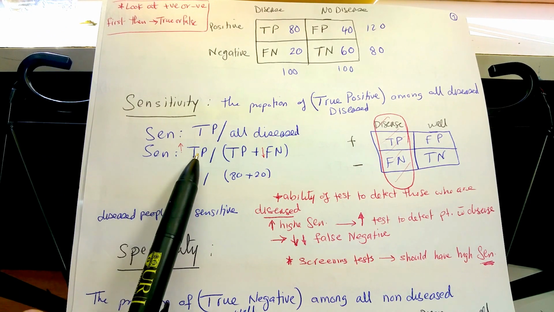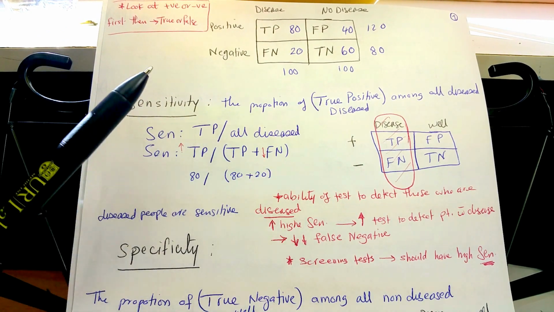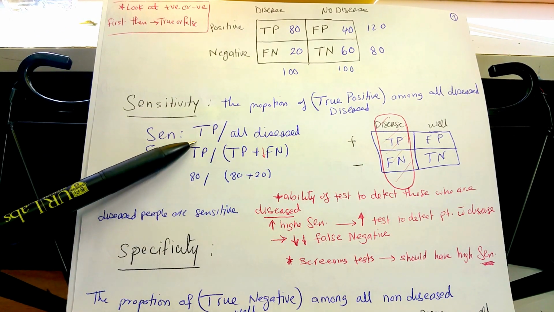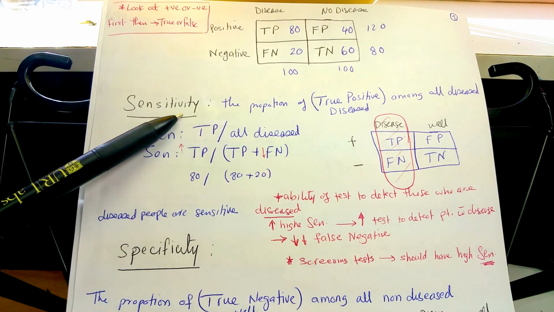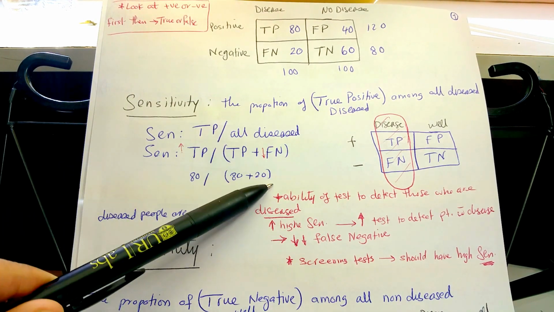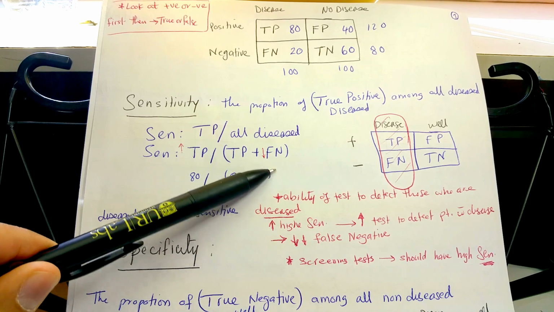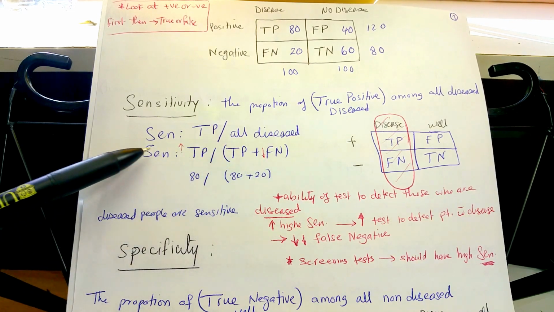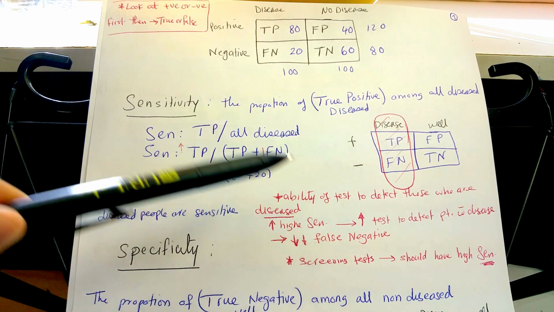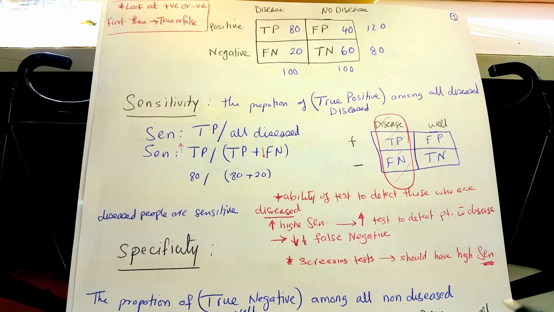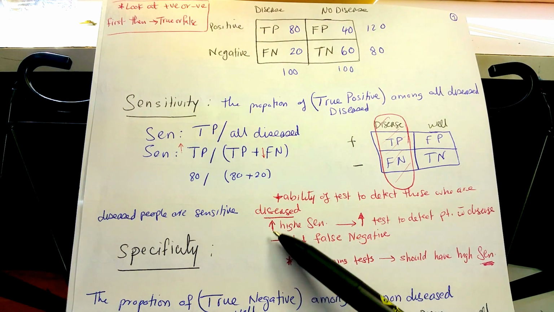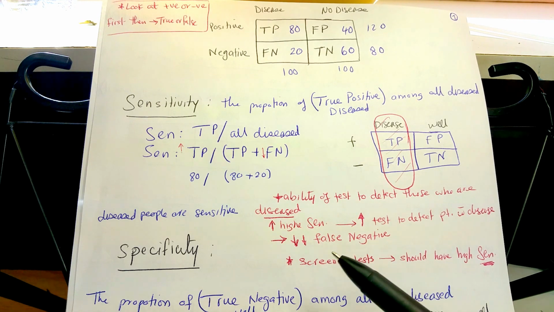So if you remember the formula, you can get it from the formula. Increasing the sensitivity means increasing the true positive and decreasing the false negative. So I always construct a formula and then answer any questions they ask about it, because they like to ask about how increased sensitivity affects the false negative, how it affects the true positive.